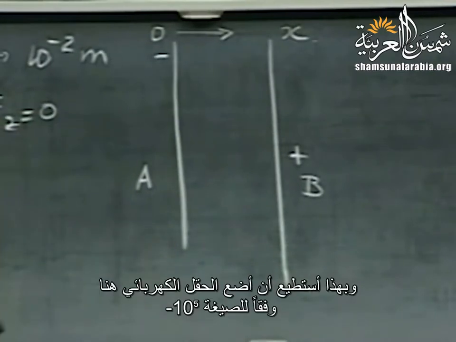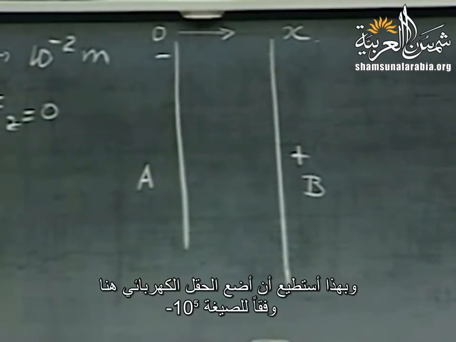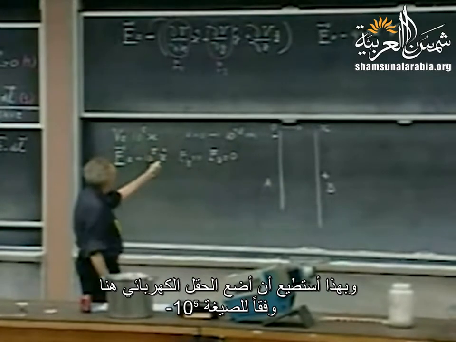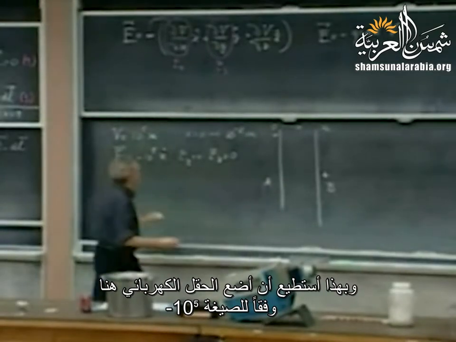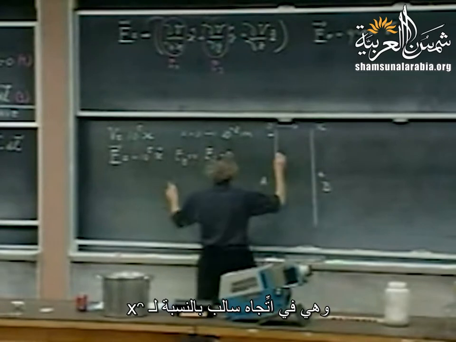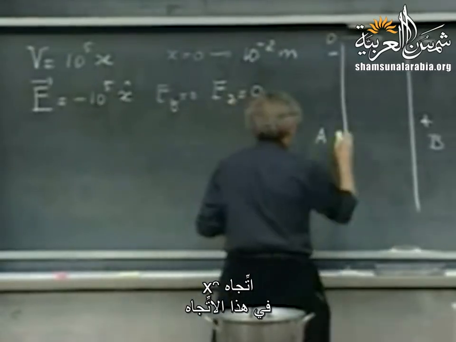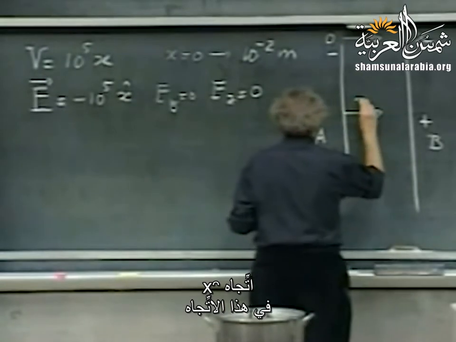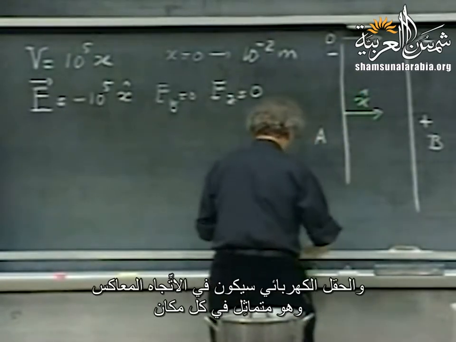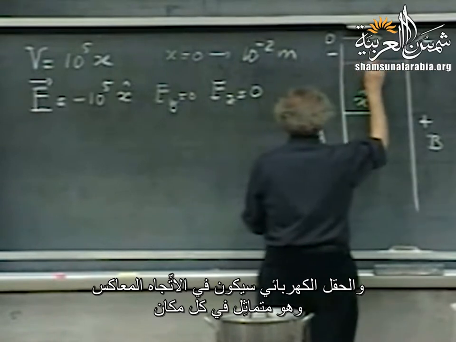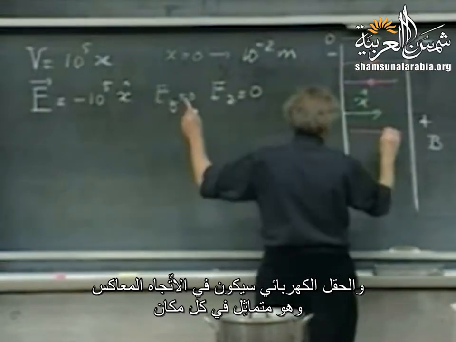So I can put the electric field inside here, according to the recipe, minus 10 to the 5th, and it is in the direction of minus x roof. So x roof is in this direction. The electric field is in the opposite direction. And it's the same everywhere.